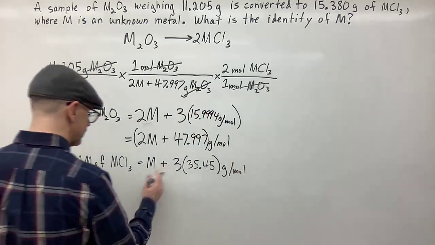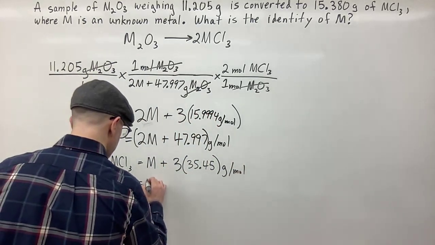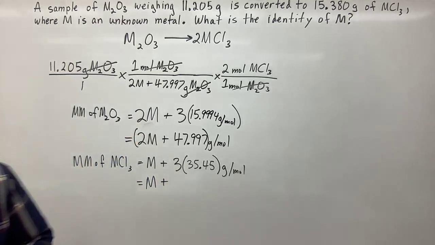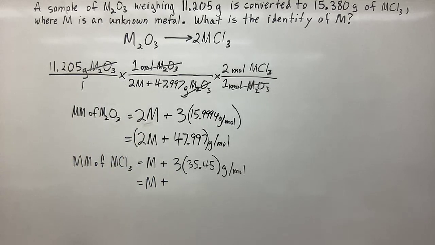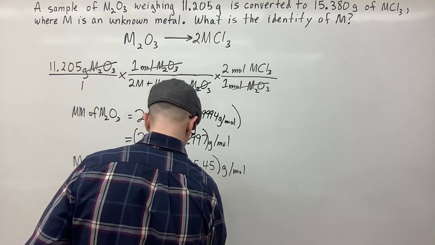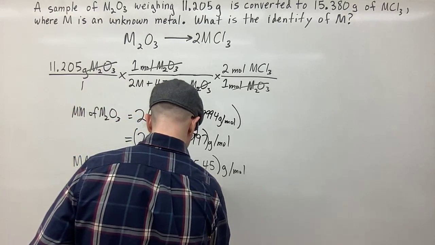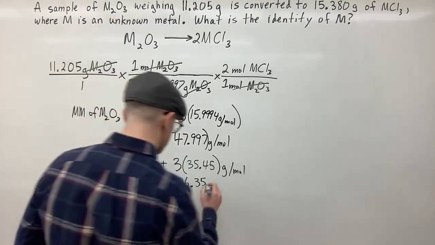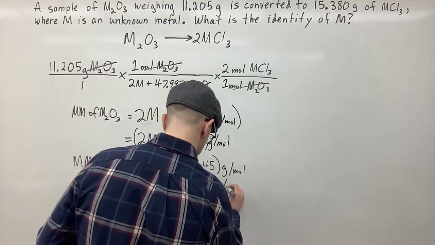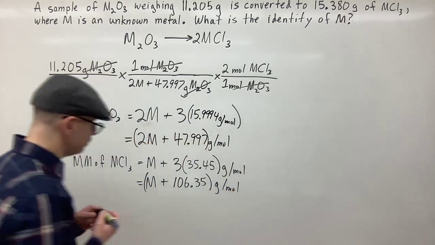So when I calculate this out, it ends up being the molar mass of M plus 106.35 grams per mole.